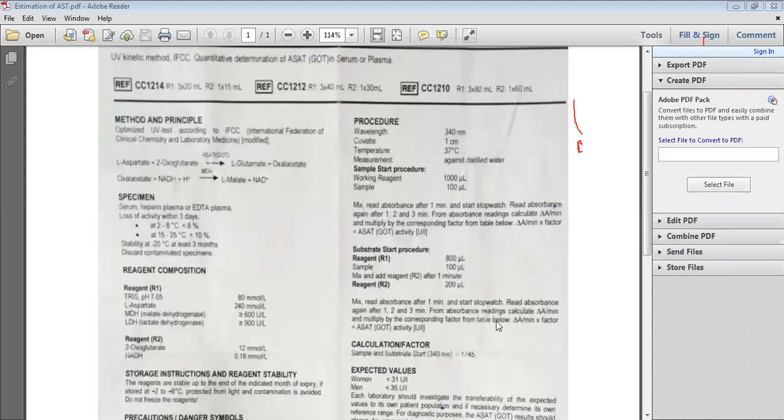In this kit method, you will not use the standard solution. You will use the given factor. This is a given factor, and we can find the activity of AST in the serum solution. So in this experiment, we are not going to use a standard test tube, as the standard is not given in this kit method, and you will use two test tubes.